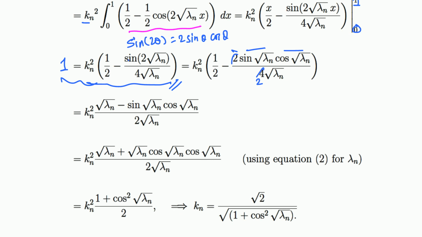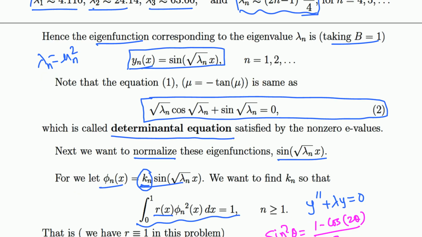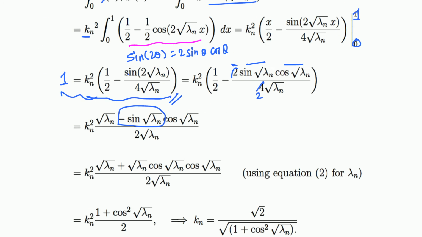Then we can replace negative sine lambda n using the determinantal equation. What is the determinantal equation? That's equation 2. Look here. This implies, if we move this over, negative sine of root lambda n equals root lambda n cosine root lambda n. So I'm writing this for negative sine root lambda n.